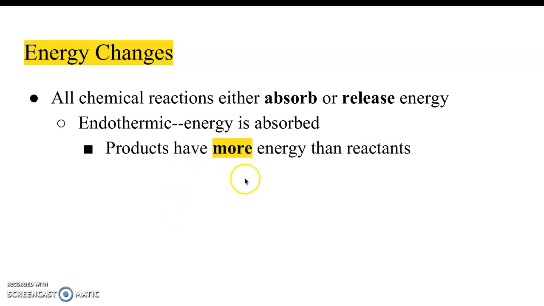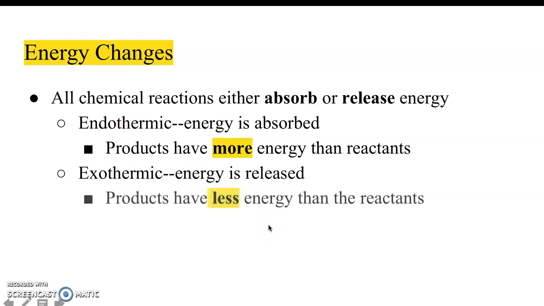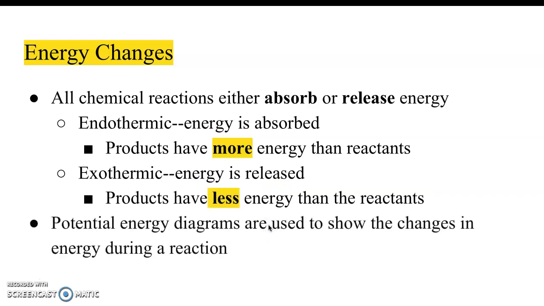This is going to be important for part 2 of the lesson. Exothermic, energy is released, like we just saw in the do now, meaning products are going to have less energy than the reactants. We can show this using what's called an energy diagram, which we will be looking at in our next lesson.